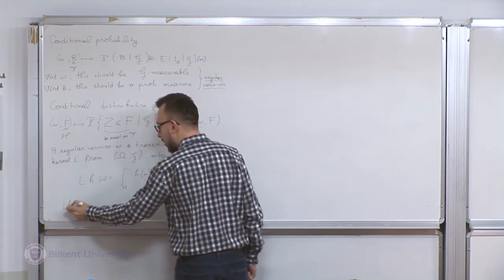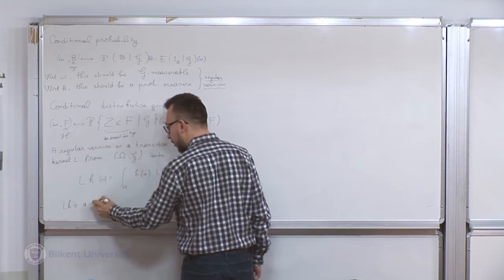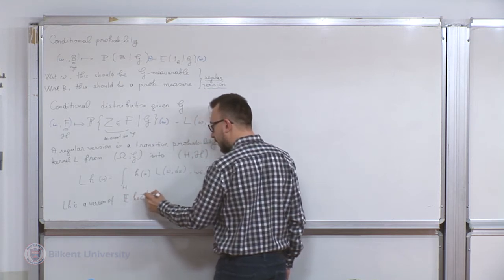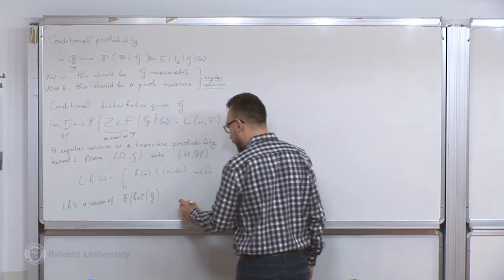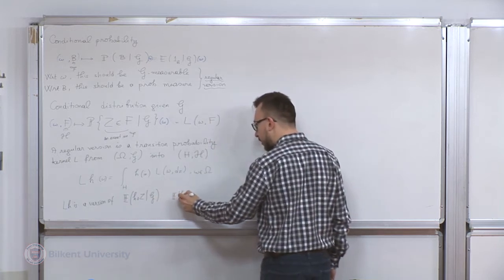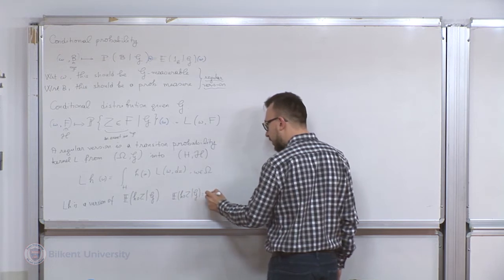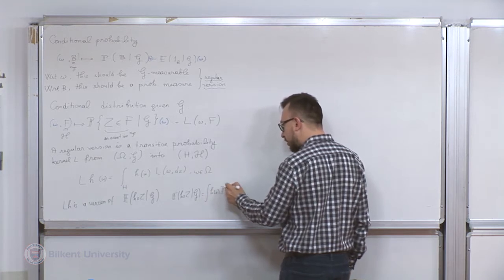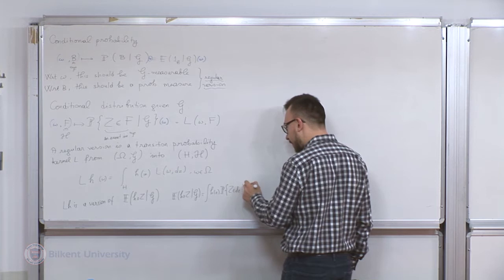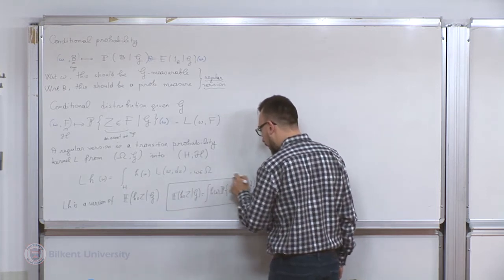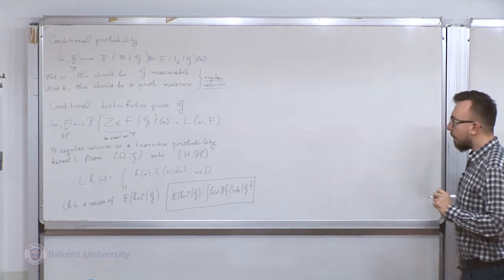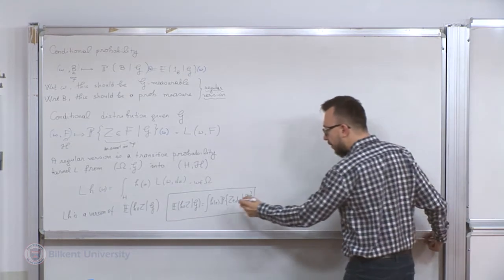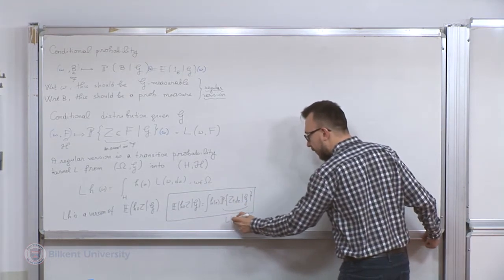So this is a version of the conditional expectation of h of Z given G. In other words, you can see it as conditional expectation of h of Z given G is calculated as h of Z times its conditional distribution given G. All right, so this is our notation for L of dz.